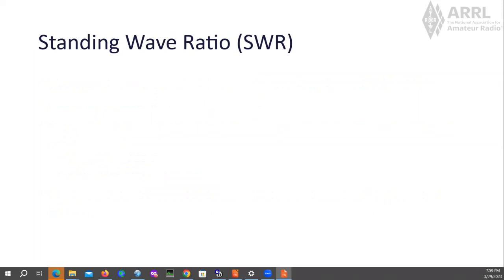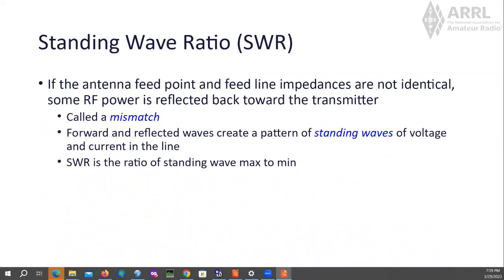Standing wave ratio. If the antenna feed point and feed line impedances are not identical, some RF power is reflected back toward the transmitter. This is called a mismatch.